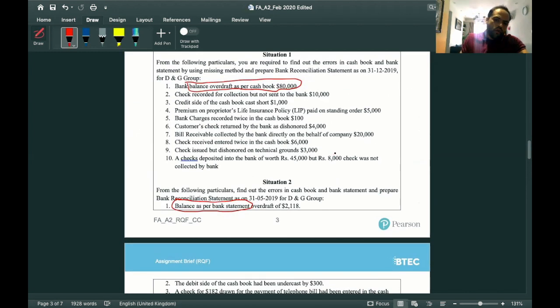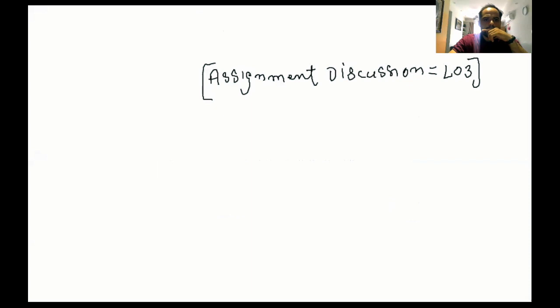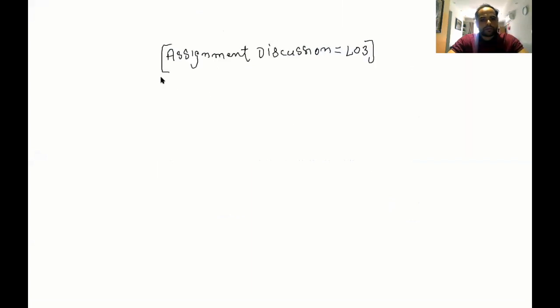One thing before we move on to situation 2 and 3, I think I need to explain something. In the previous lectures related to bank reconciliation statement, we learned how we prepare a bank reconciliation statement.